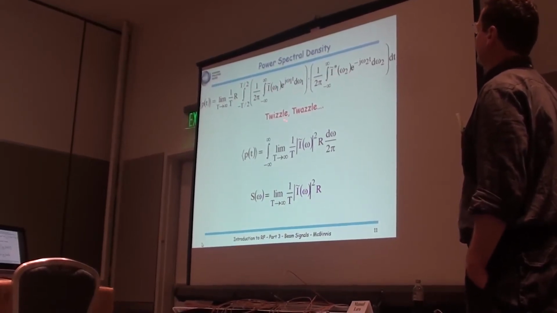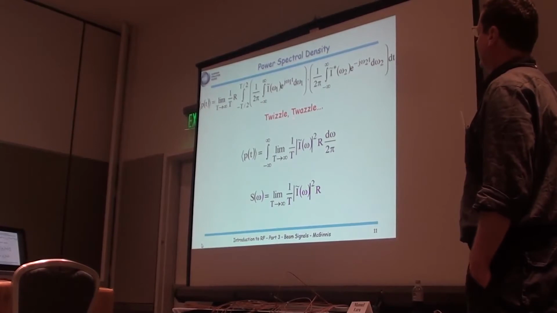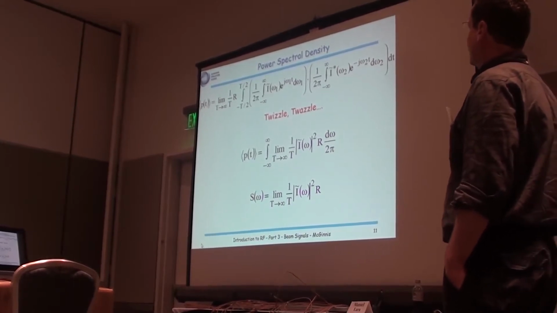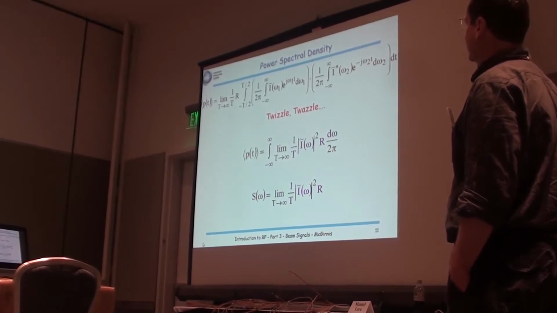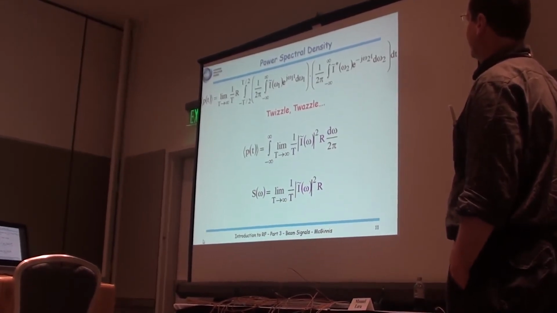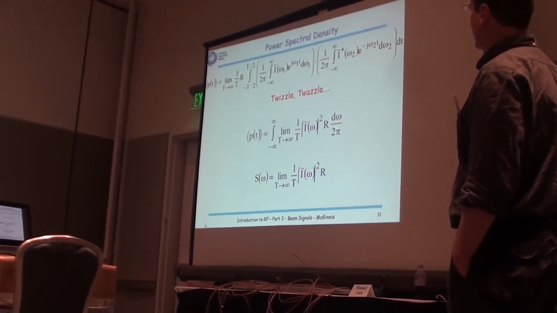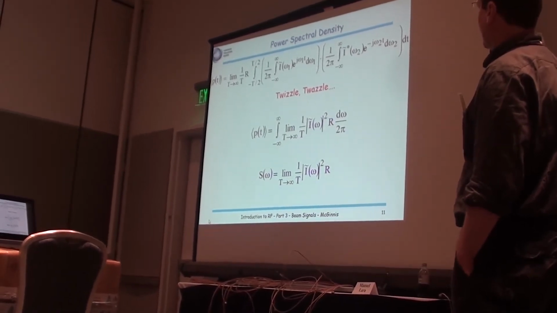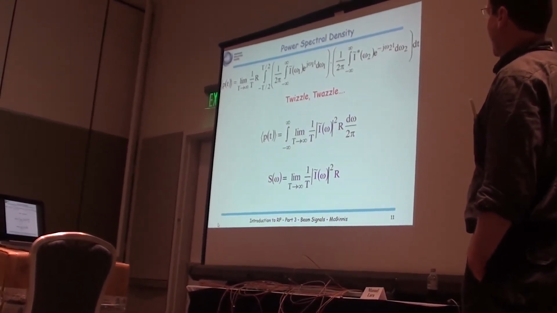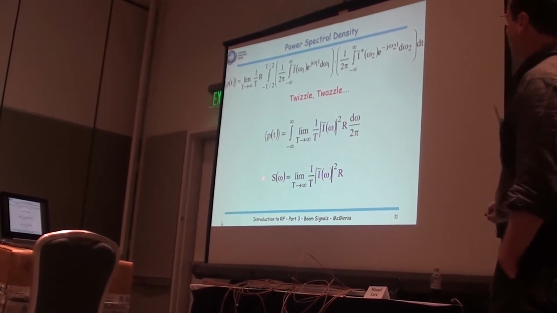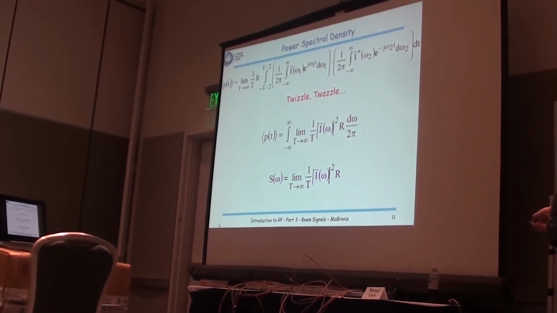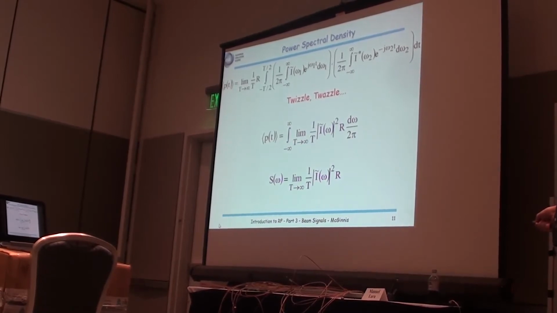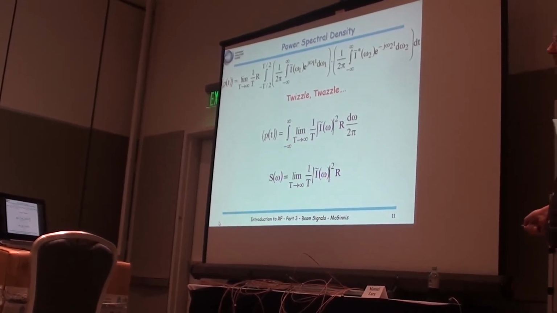It's a lot of fun to do, and there's a few pages of algebra, and you see that the power deposited into the spectrum analyzer is the limit as t goes to infinity of 1 over t, the Fourier transform squared, d omega over 2 pi. And if you look back at that, the power spectral density is the limit as t goes to infinity of 1 over t, the magnitude of the Fourier transform of the current squared, times resistance.